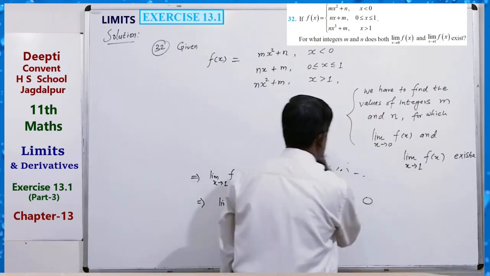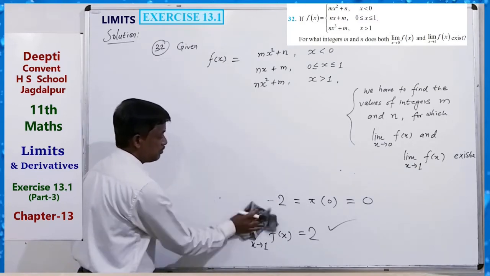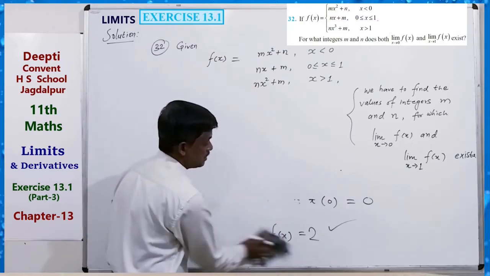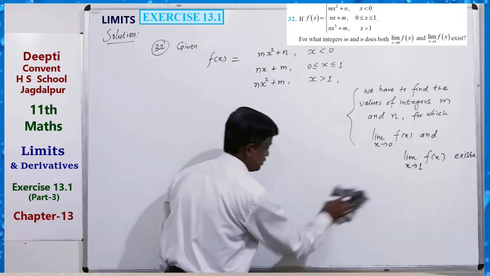This is our target. We have to find what may be the values of m and n as integers, for which these two limits exist.